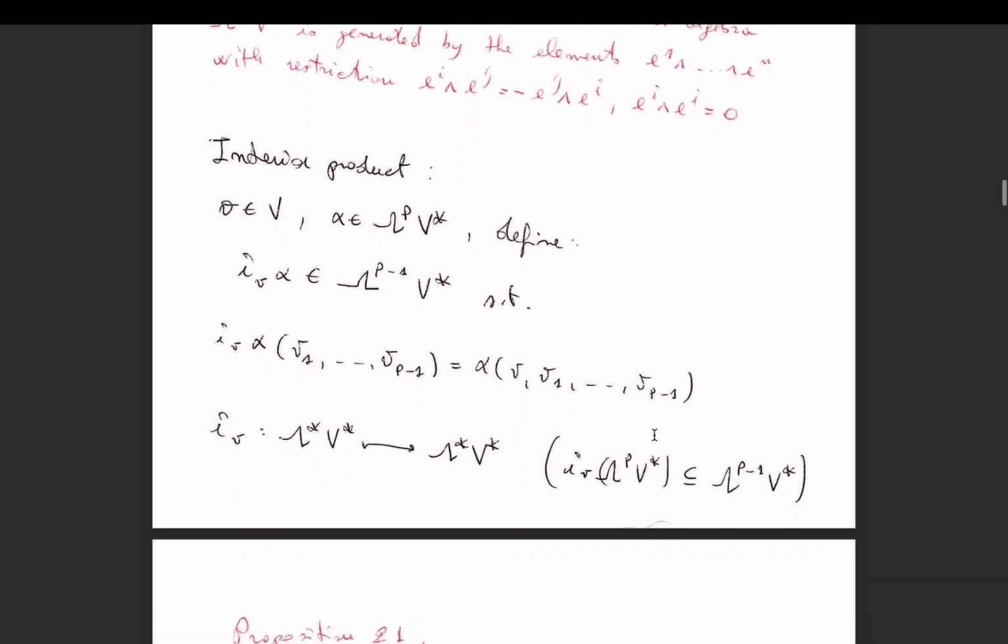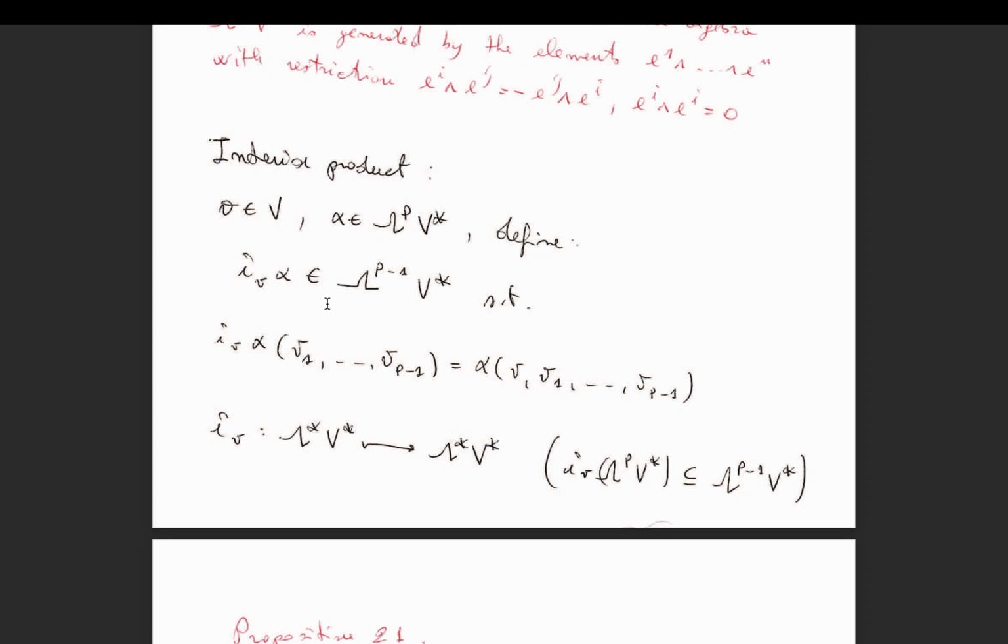We can define another operation which is called the interior product. If we pick a vector v in the vector space and a p-form alpha, then the interior product of v with alpha is a (p-1)-form, defined in the following way.